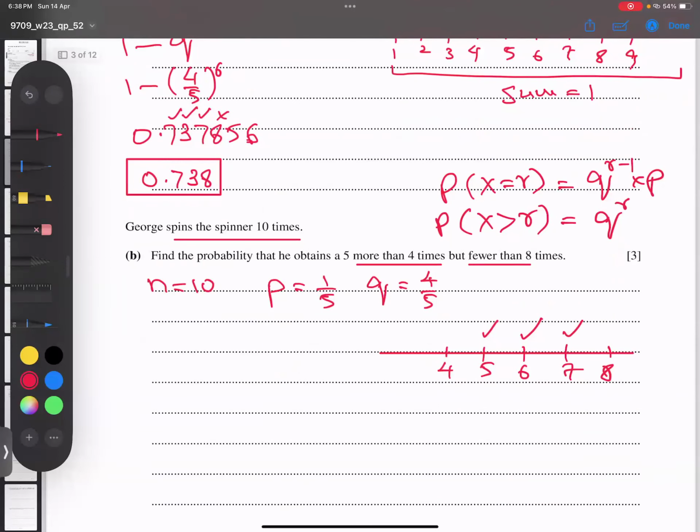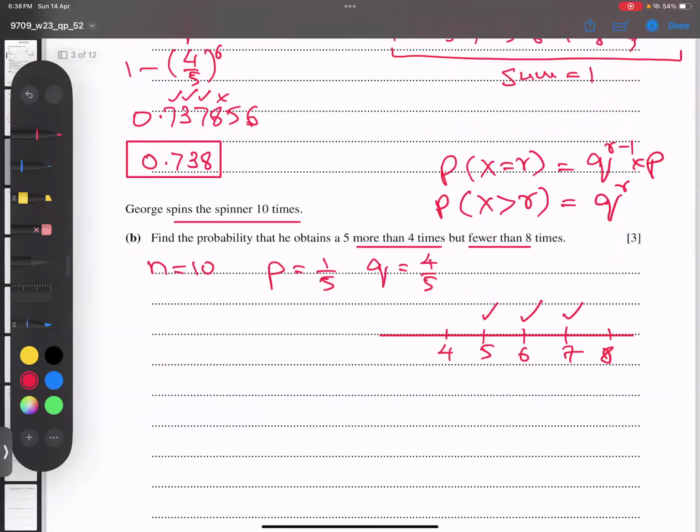Because we talk about more than one time, we can apply the binomial formula: nCr q to the power n minus r, p to the power r. So I will use one time r value 5, one time r value 6, and one time r value 7.